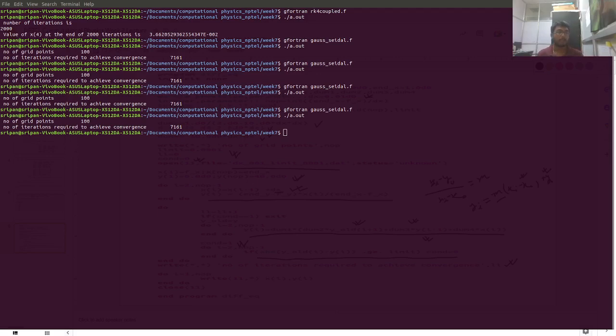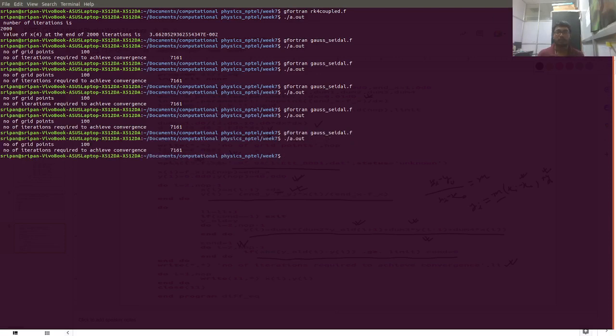Let's check whether it is working or not. If it is not working, you can see from the data file itself. No, it's not working for some reason. I am not understanding that at this moment. So you can have a look at this.